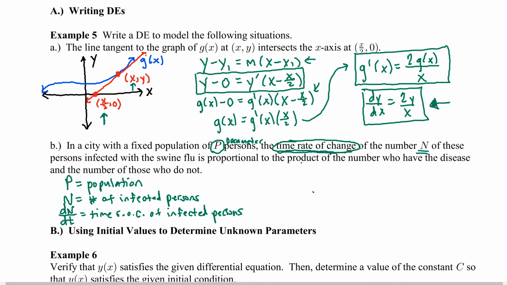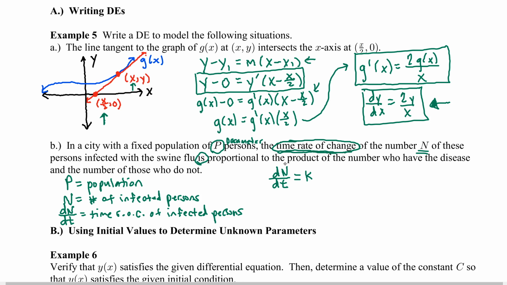Now, we're going to write our differential equation based on the way that the problem is expressed. It says the time rate of change of the number n of these persons infected with the swine flu is, means equals, right? So the time rate of change of the infected population, dn over dt, is proportional to, okay, proportional to means we need a constant of proportionality. Generally, we call that k.